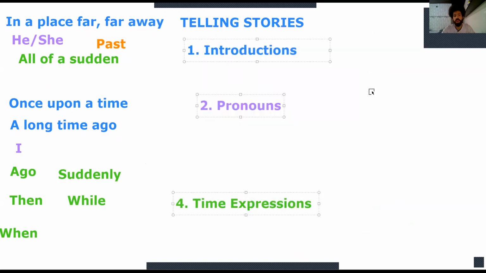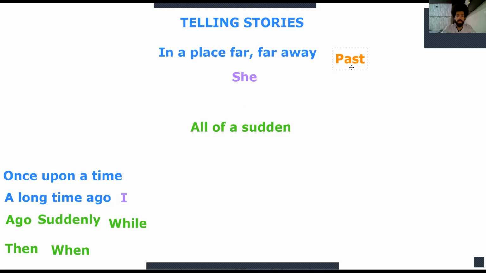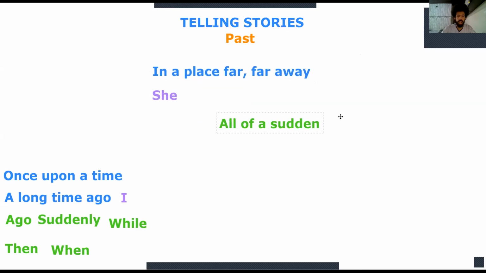Let's go to our improvised story. Okay, here we have our part. Our story is gonna begin like that, in a place far, far away. It's gonna be in the past. Mas como essa palavra past não vai aparecer, vou botar aqui em cima só pra gente lembrar que é o passado. And in a place far, far away, I'm gonna put a she here, and all of a sudden.